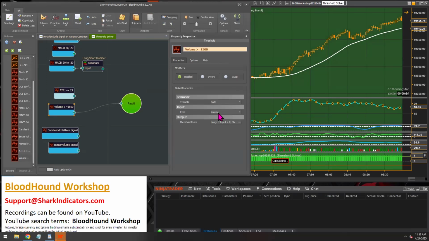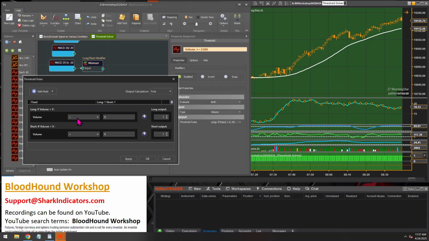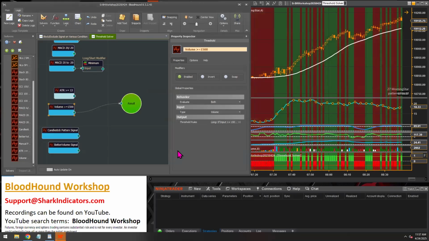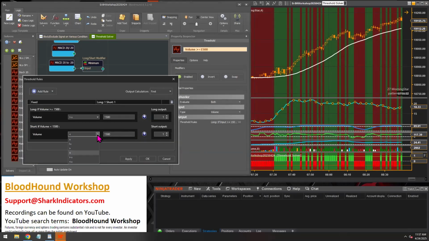We could just change it to volume, like so, or you could plug in the volume indicator in there if you wanted to, but I'll just use the volume type. And then again, let's go into the rules window, and we're looking for a volume that's greater than 1500. Let's see if we actually get that. Oh, hold on, what did I do? I didn't quite change that one correctly. There we go.